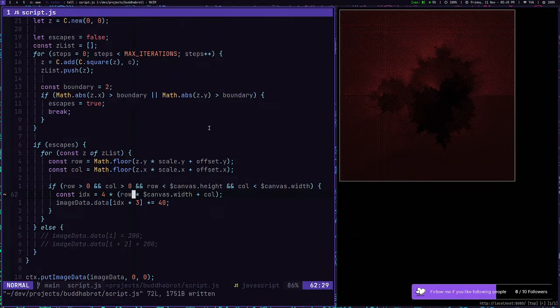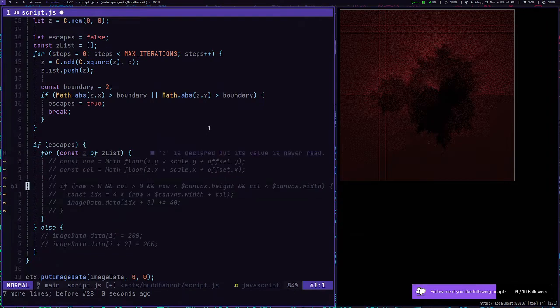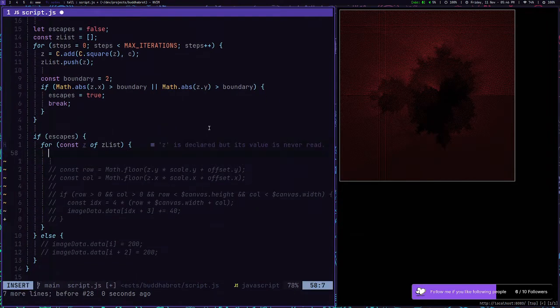Okay, this one is a bit tricky. Let's think about this again. Let's put it to the side and not look at it. Let's do this all over again and see what we get.